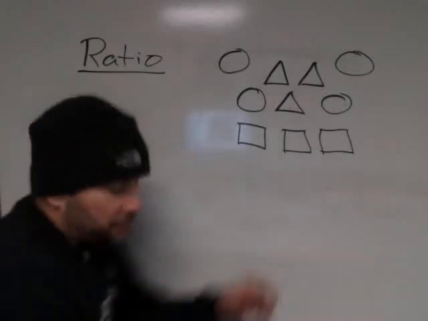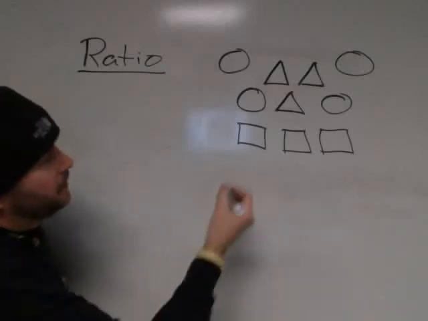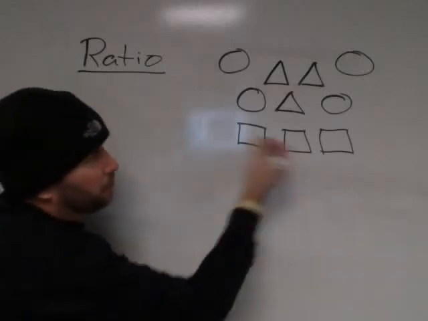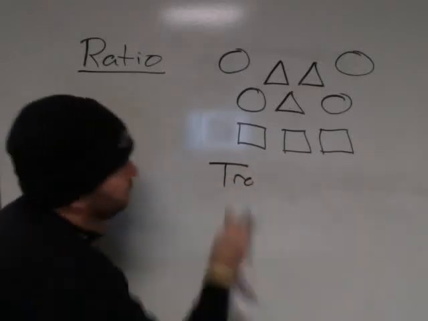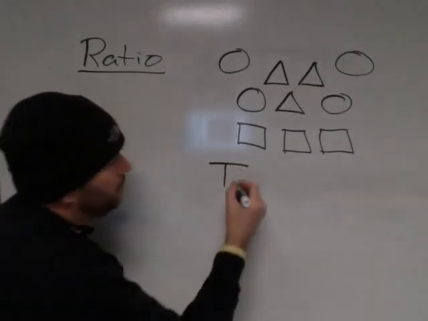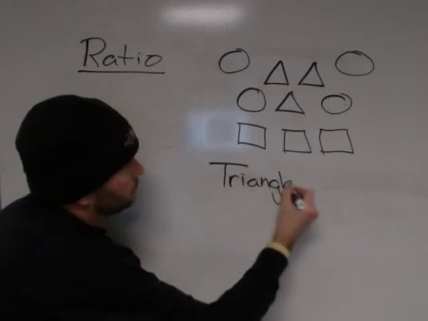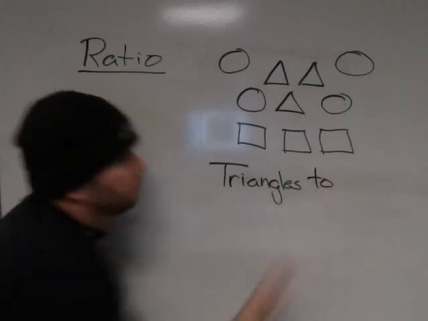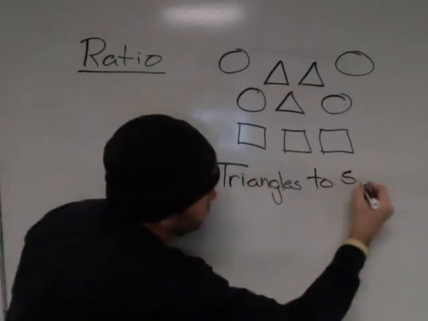All right, now there's a couple things that I want to point out to you. Okay, like for example, if we decided to compare triangles, whoops, make sure I spell that right for us. If I wanted to compare triangles to, let's go with squares.